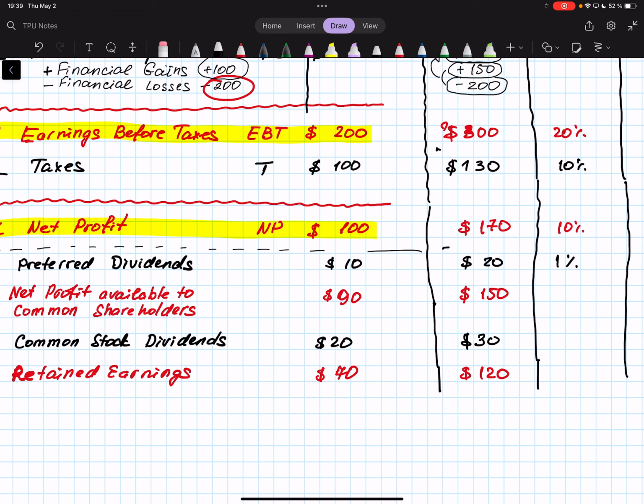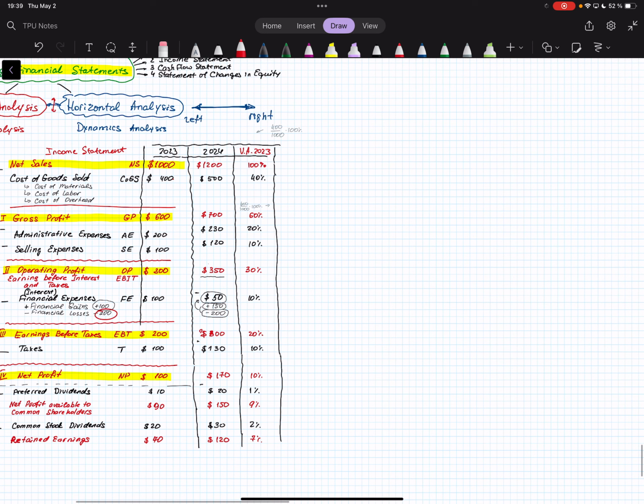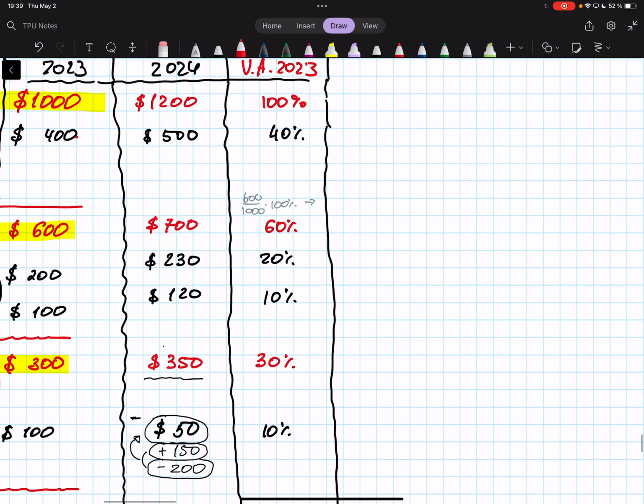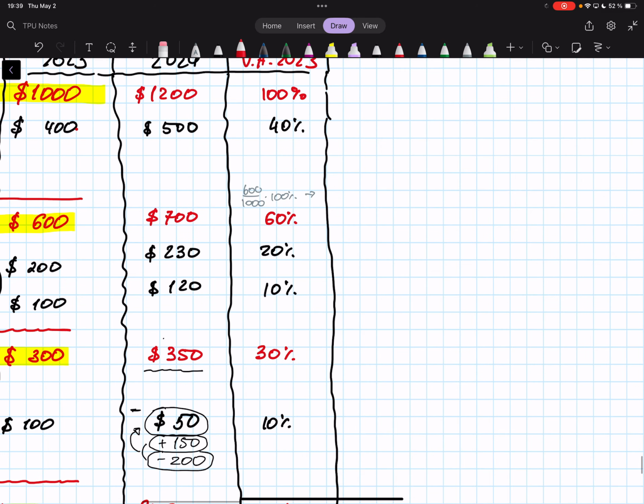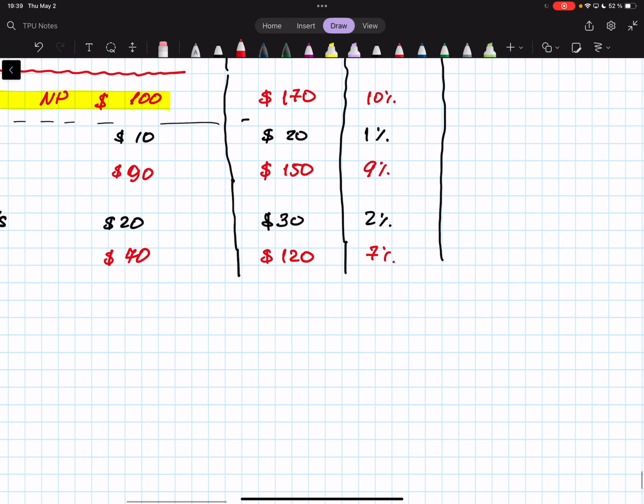Net profit available to common shareholders, 9%. Common stock dividends, 2%. And finally, retained earnings, 7%. Okay, so we got the first structure, from sales all the way to the retained earnings.